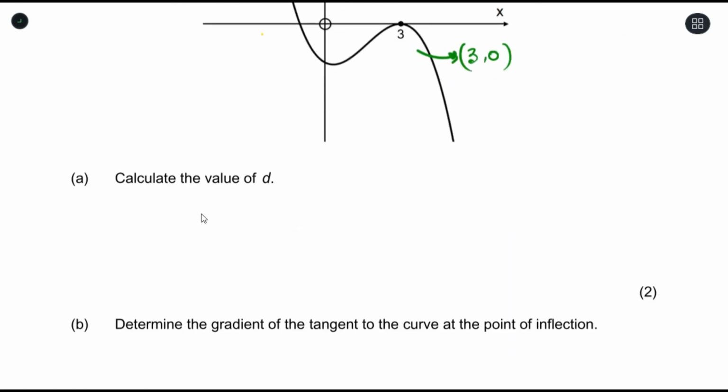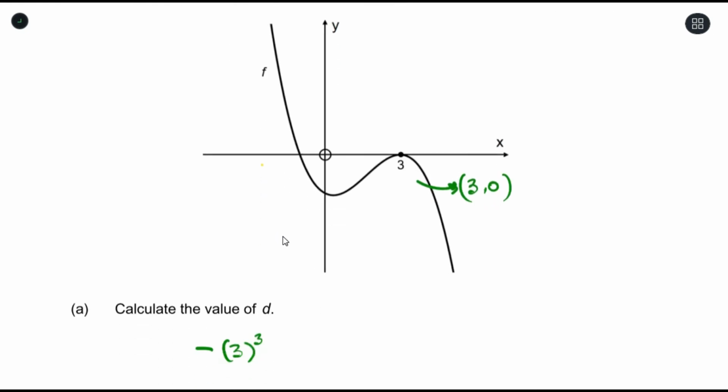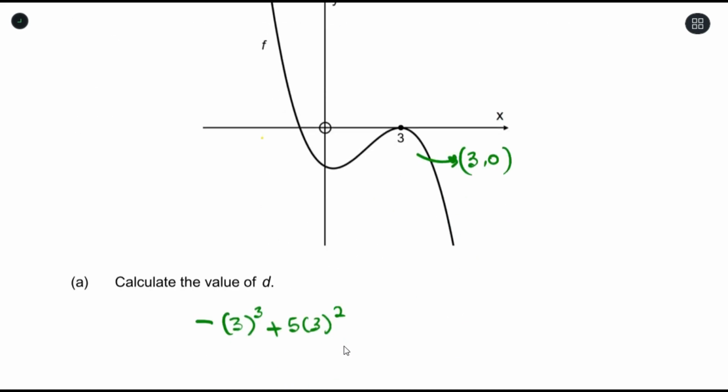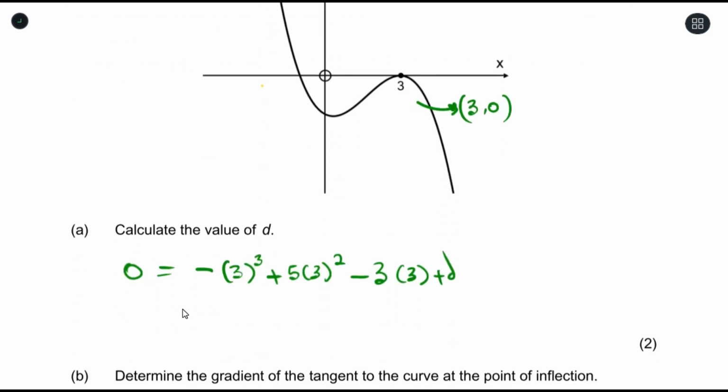So this is negative 3 cubed plus 5 times 3 squared minus 3 times 3 plus d. Now this here is equal to 0, right? Because the y coordinate was 0.